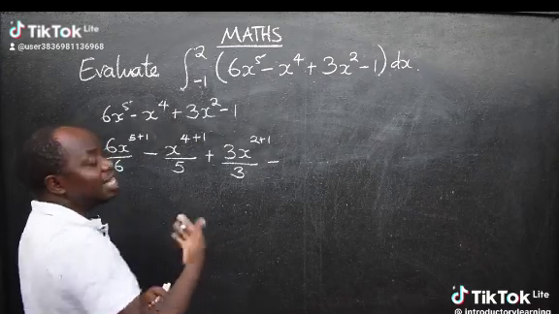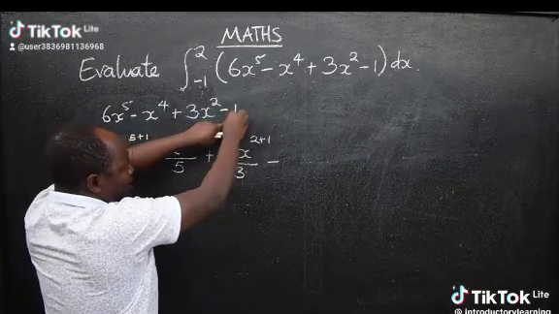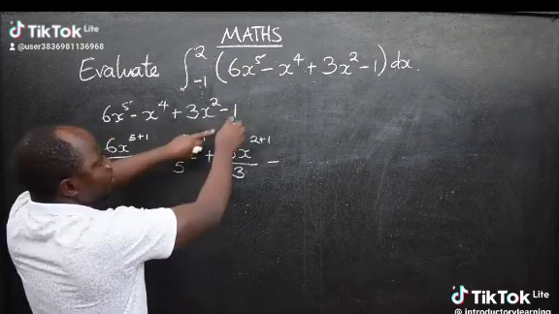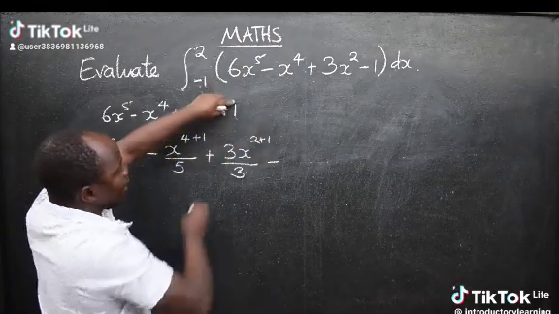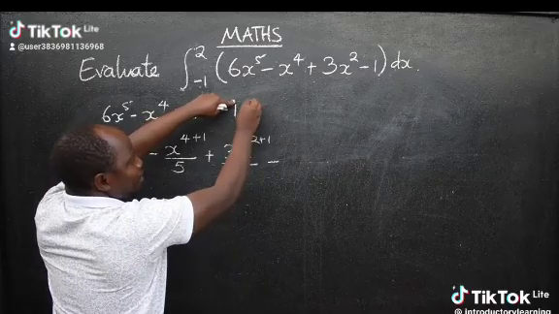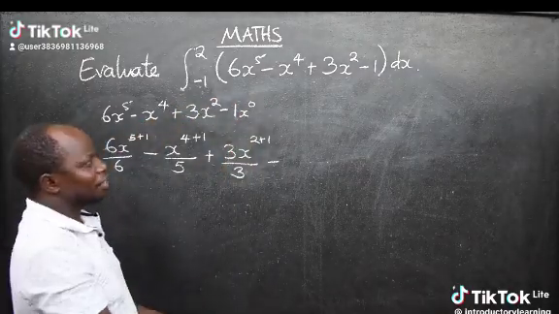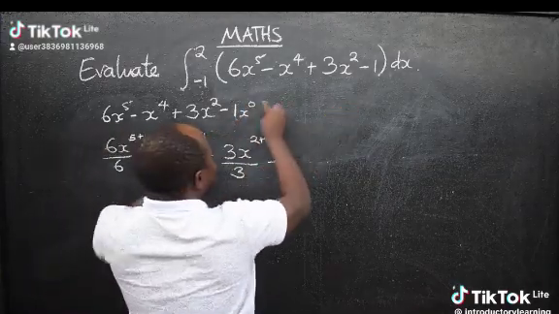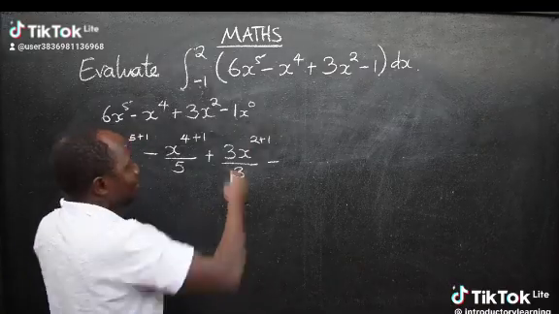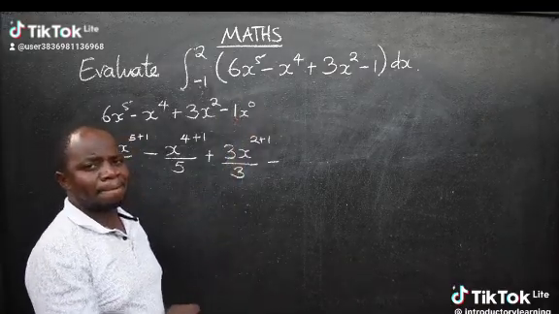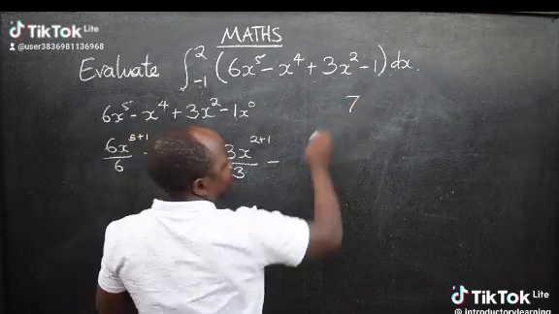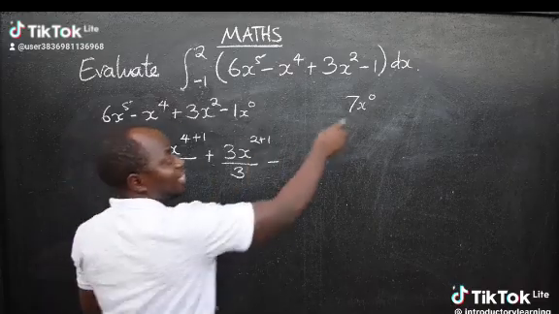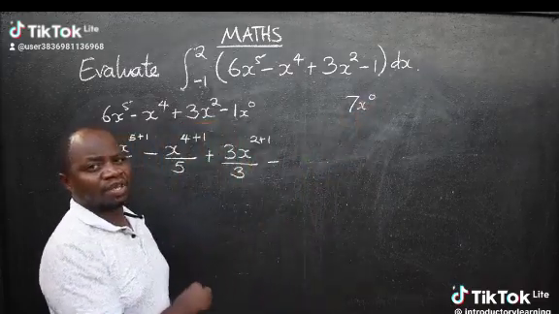What happens when you integrate this constant? Any constant has got a variable. So the way it is here, 1 has got x to the power what? 0. Remember, indices says x to the power 0 is 1. So any constant, it could be 7, just know that there's x to the power 0 attached to that constant.